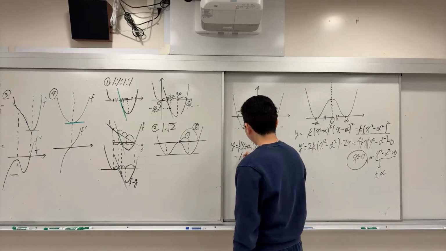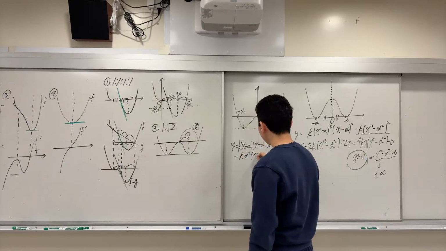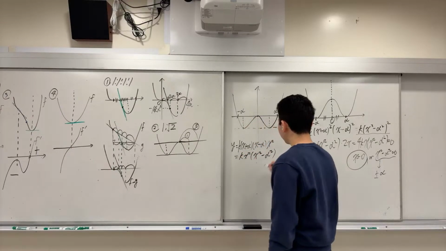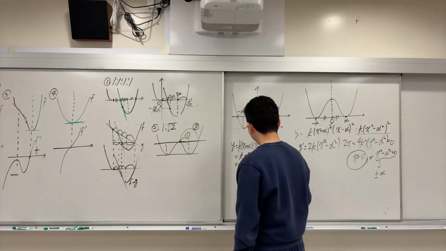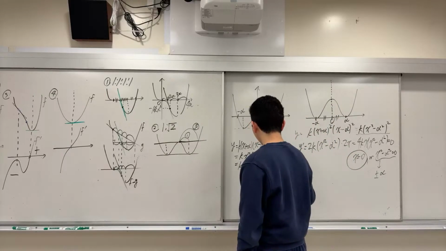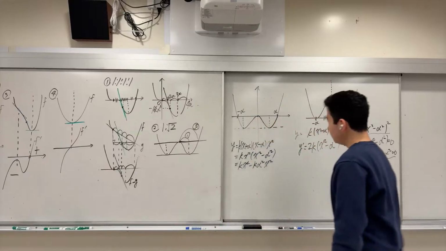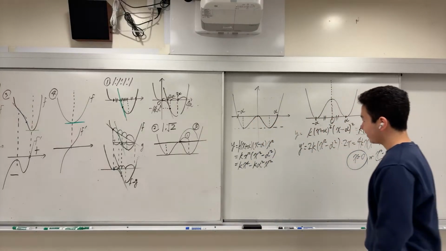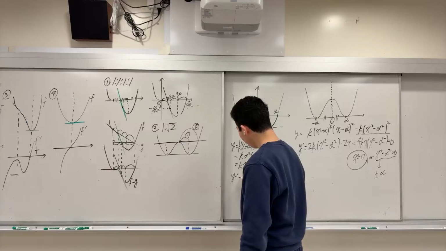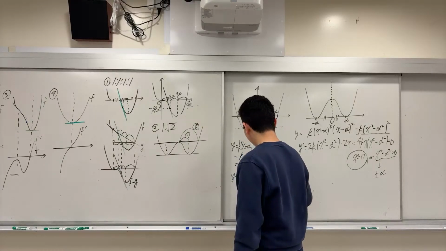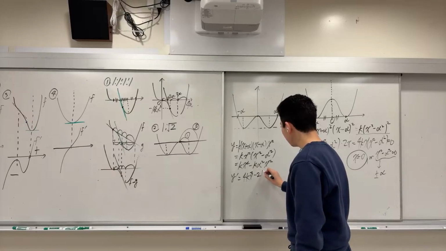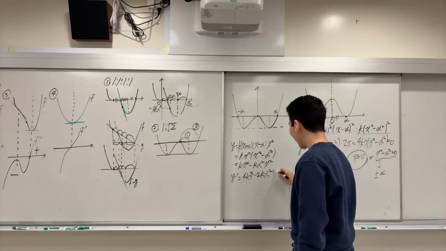And we can simplify that to kx squared times (x squared minus alpha squared), which is equal to k times x to the power 4 minus k alpha squared x squared. Now we're going to take the derivative. 4kx cubed minus 2k alpha squared x, right?